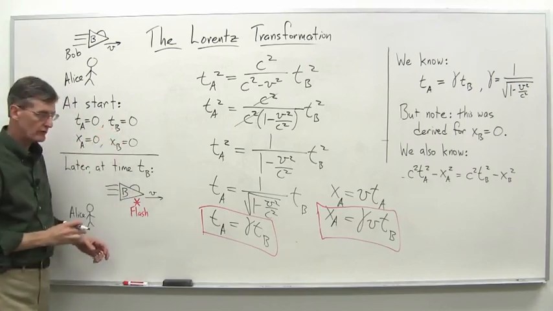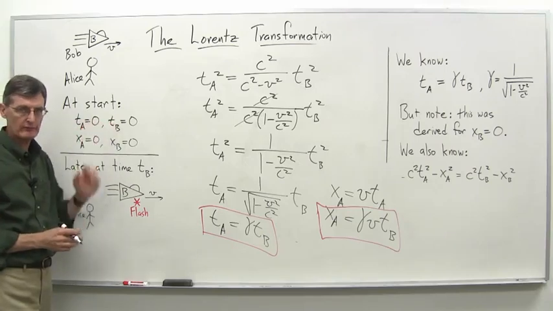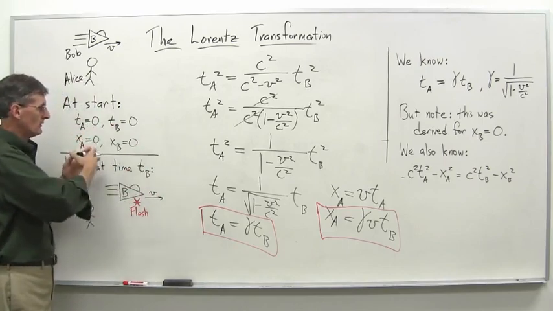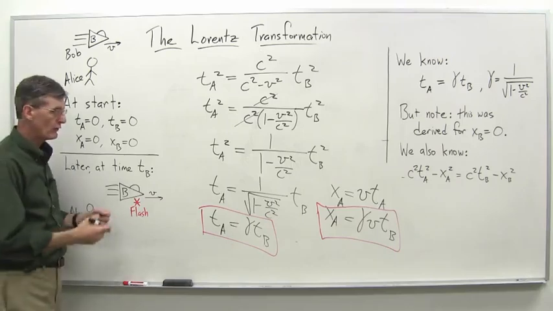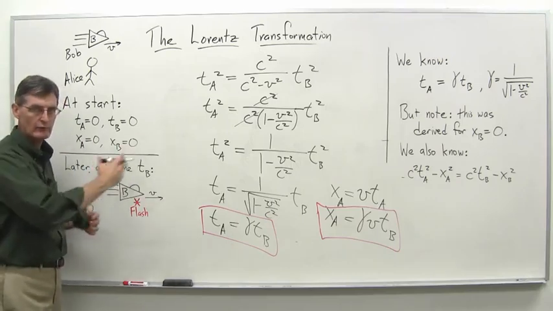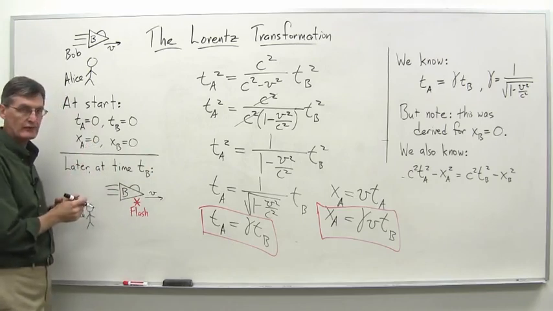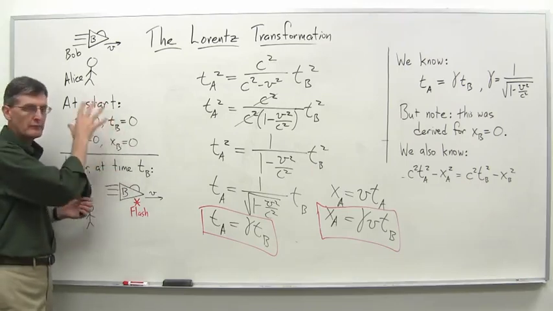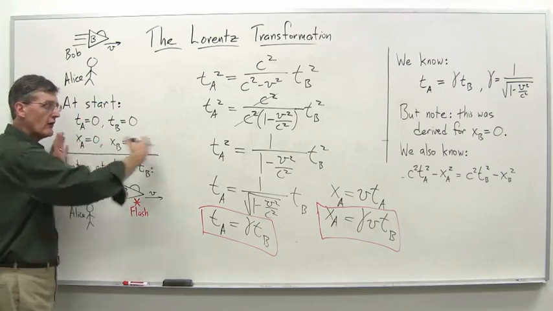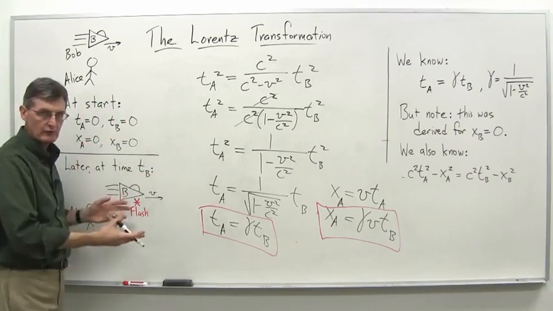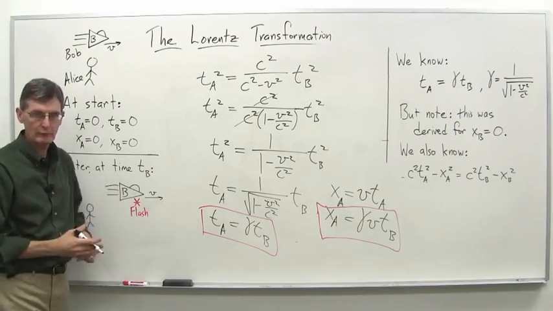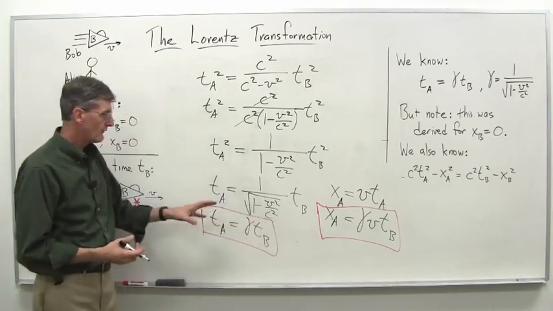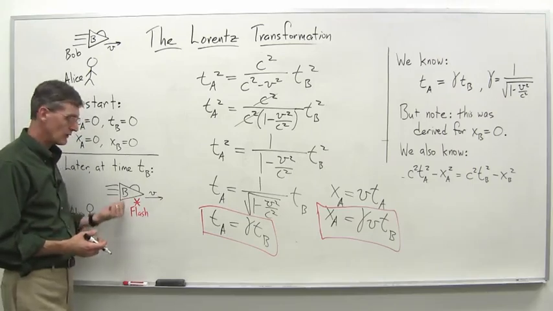And as we set up the origins like that, which is standard procedure, if they're not set up like that, you can start your clocks at the proper time, or you can adjust the clocks back and forth to get a 0 point at that instant, so that both Bob and Alice have their clocks at 0. Later on, of course, if Bob is moving, then they're not going to be synchronized anymore, as we talked about with the relativity of simultaneity. But here are the Lorentz transformation equations for the case where the flash of light is occurring at xb equals 0.